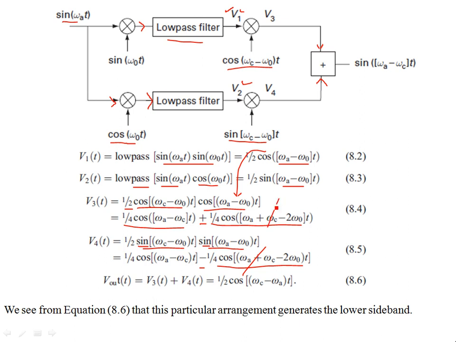So this thing is gone, and what you're left with is half cosine omega c minus omega A, which is in fact a lower sideband, right? So this method still generates a lower sideband signal and saves the bandwidth requirement and improves the SNR by 3 dBs. So we see from equation 8.6 that this particular arrangement generates the lower sideband, right? These are three methods for generation of single sideband AM.